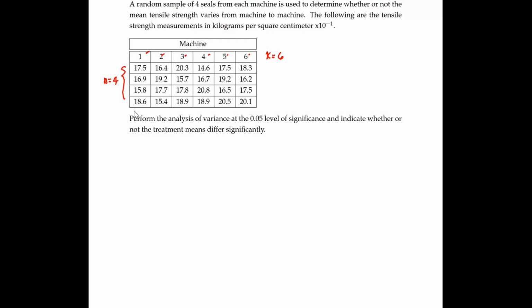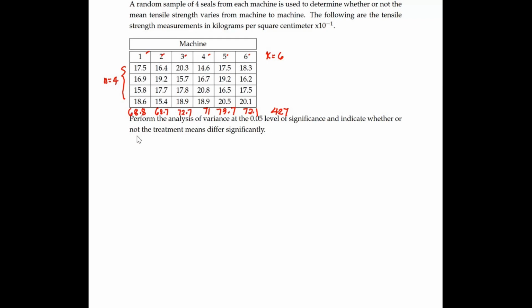The total here is 68.8. Second column is 68.7, and then we have 72.7, 71, 73.7, and 72.1. The total of all the totals is 427.